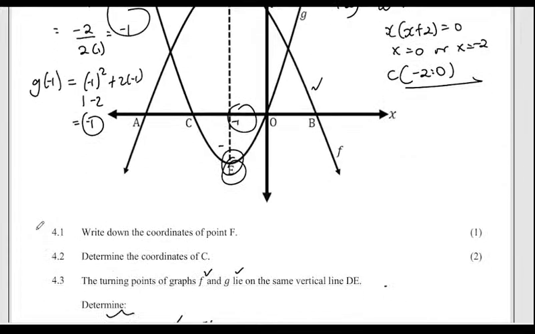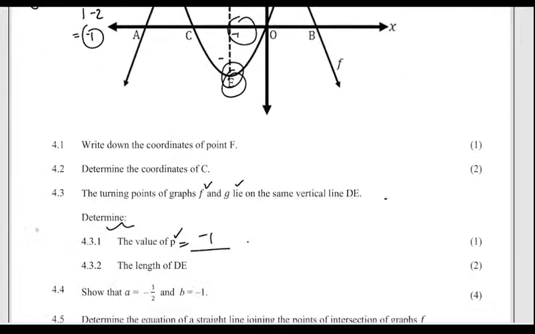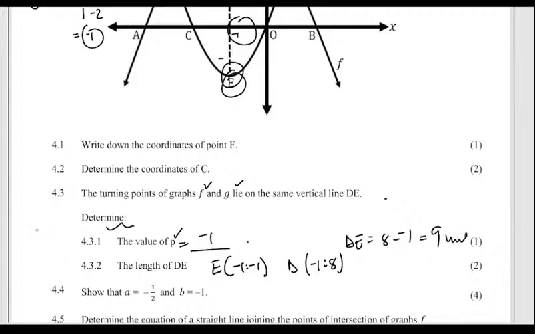So our point E is negative 1 and negative 1. Point D is negative 1 and 8. So the length DE should be 8 minus negative 1, which gives us 9 units. So 4.3.2, we have 9 units there.